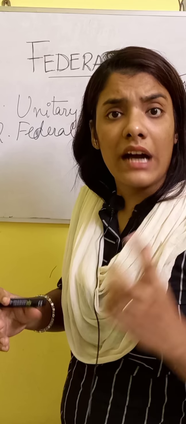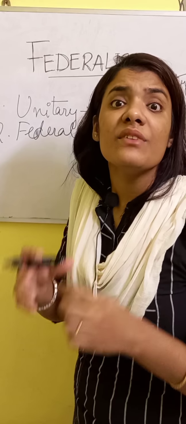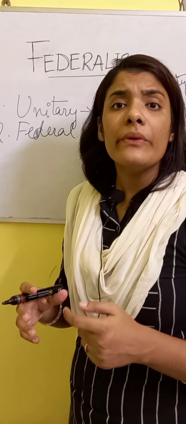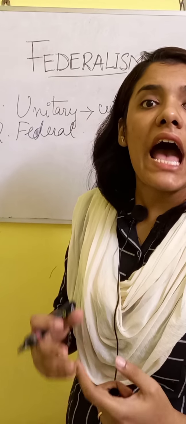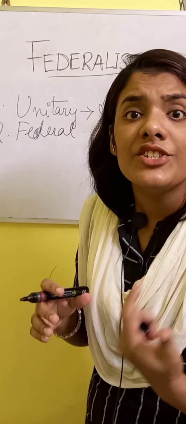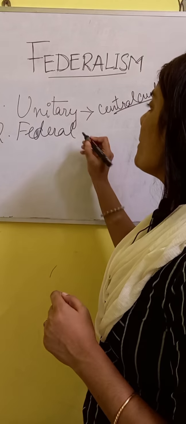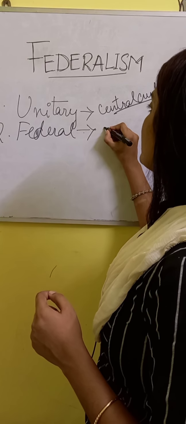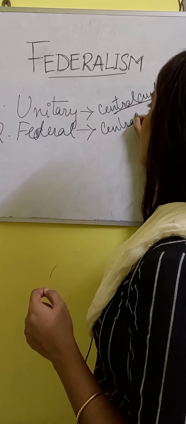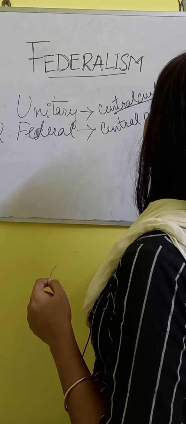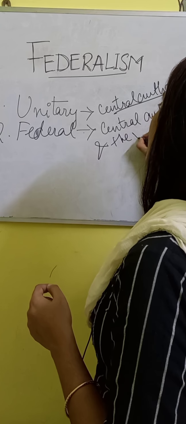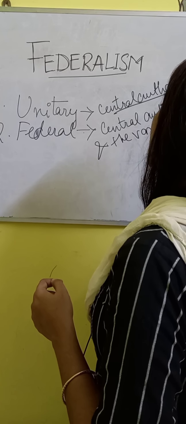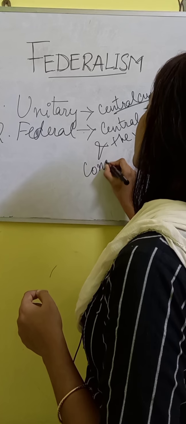In a federal government, or you can say in federalism, the power is divided between the central authority and the various constituent units. What did I say? Power is divided among the central authority and the various constituent units.